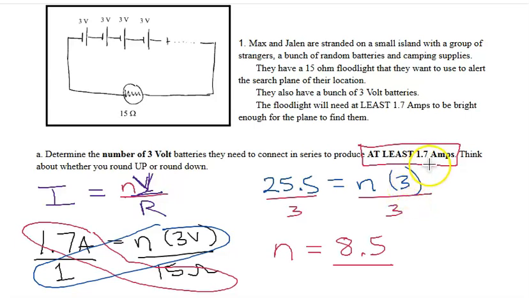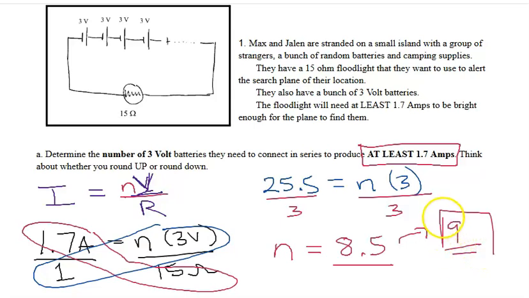So you want to think about, do I want the current to be a little bit over 1.7 amps or a little below 1.7 amps? That's reading the problem, not mathematical. If we want it to be at least 1.7 amps, that means we want to err on the side of more energy. So more energy means rounding up to 9.